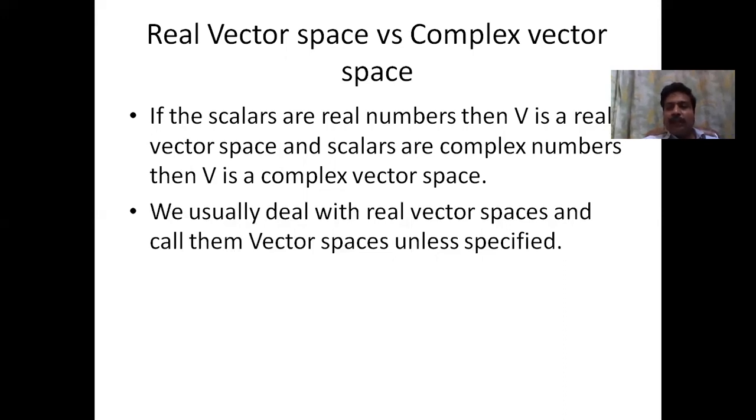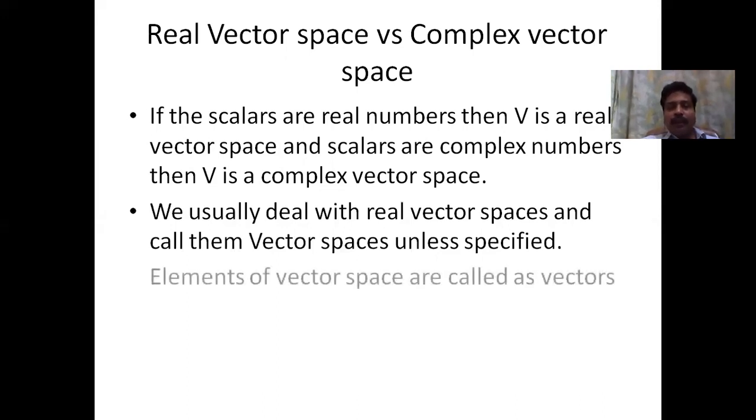So hereafter, whenever we use scalars, they can be considered as real numbers. We can also take rational numbers as scalars. That vector space is called a rational vector space. So you can take the elements of any field as scalars.